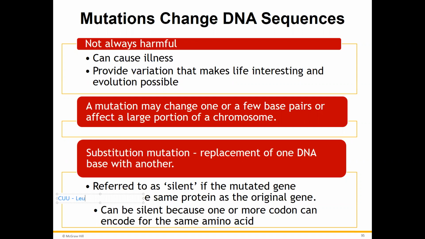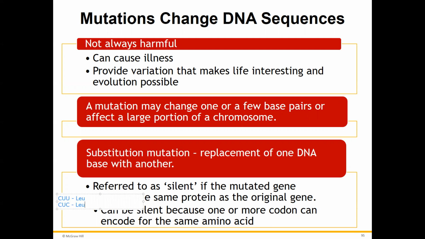It codes for leucine. But if there is a mutation that occurred and it changed one of your nucleotide bases, and so now your codon gets to be CUC rather than CUU. Well, here's the beauty of having multiple codes for the same amino acid.